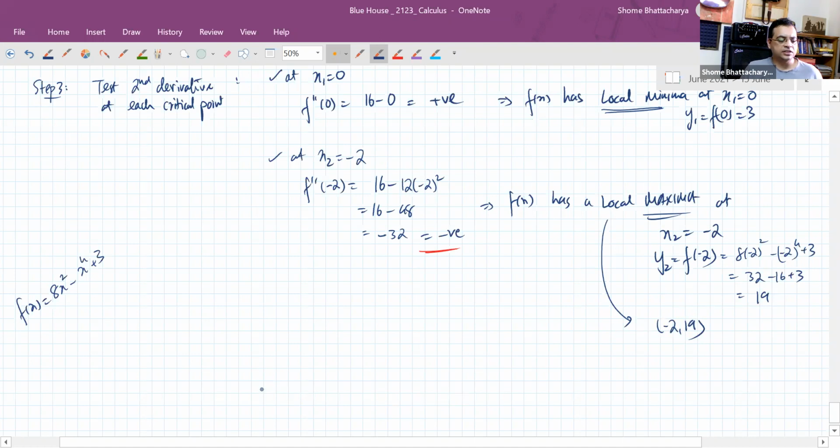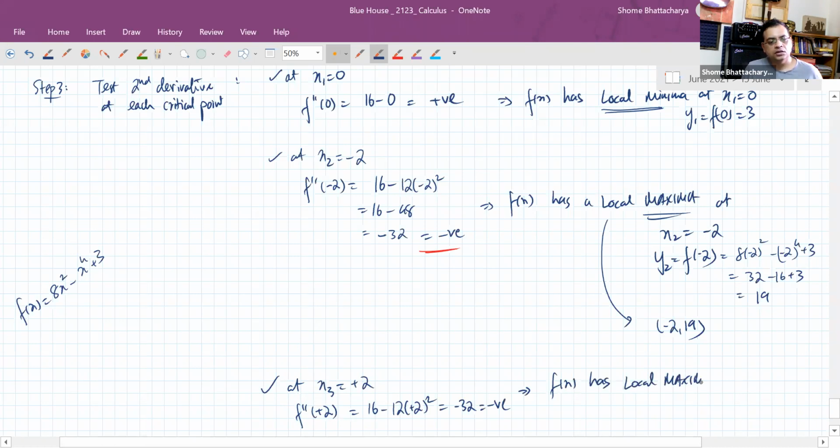And like that, if we check the third point, you'll see it's symmetrical. So at x3 equal to +2, if you check f double prime of +2, you'll get the same value because this term is squared. So you'll get again -32, or negative. That will tell us that the function again has a local maxima.